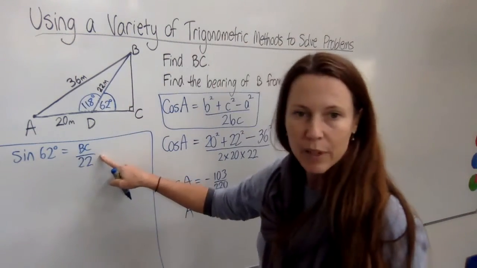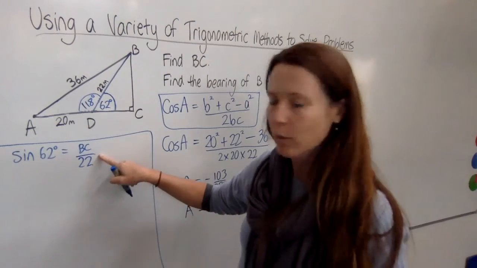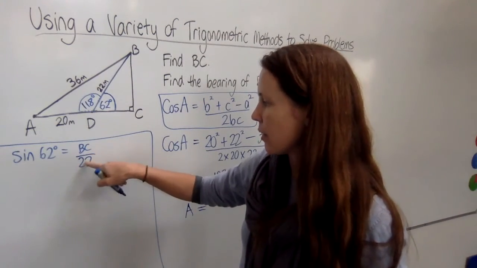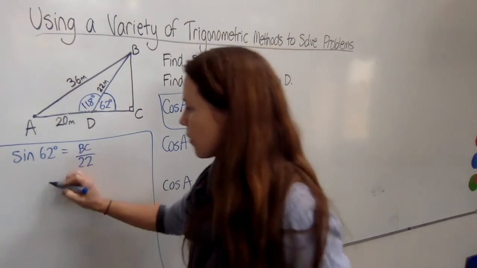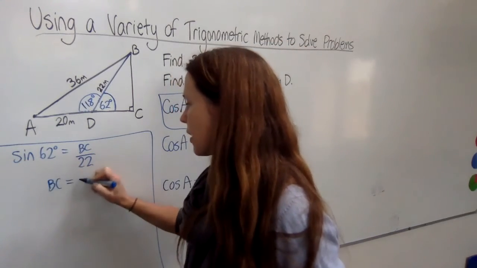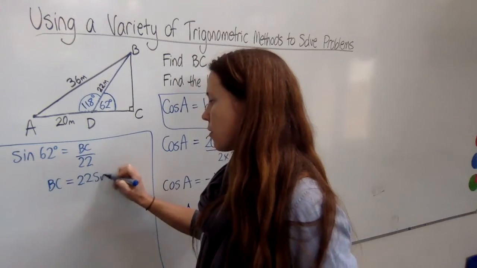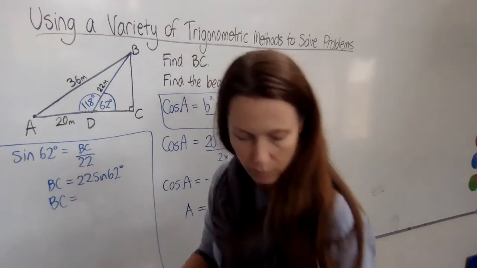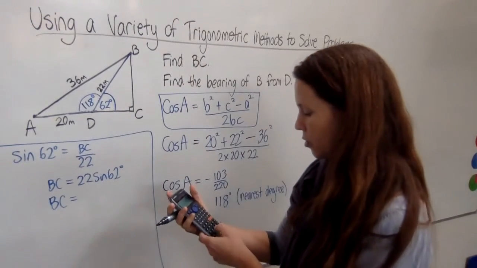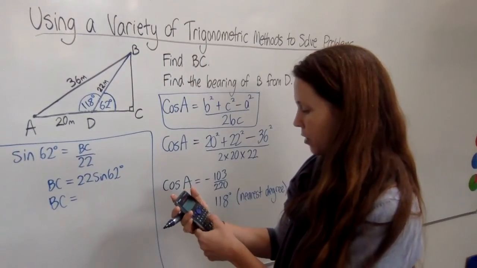Now to get the BC by itself, just multiply both sides by 22. That will get rid of this 22 here, and we'll have 22 multiplied by sine 62 over there. Now I prefer to write the BC first on this side, and then the 22 lots of sine 62 on that side. So BC will be, let's type it in, 22 times sine of 62.